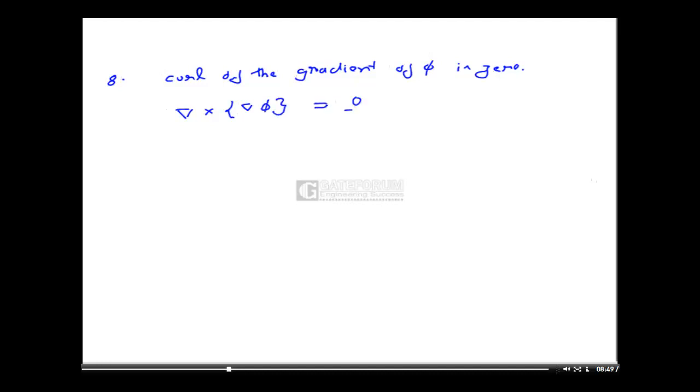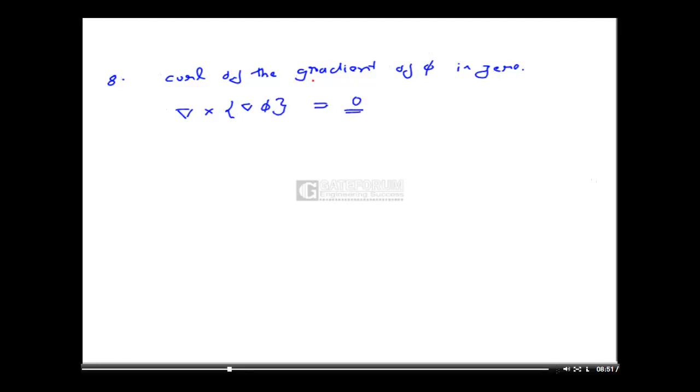Now the eighth one: curl of the gradient of phi is 0. That means curl of gradient of phi is equal to 0.